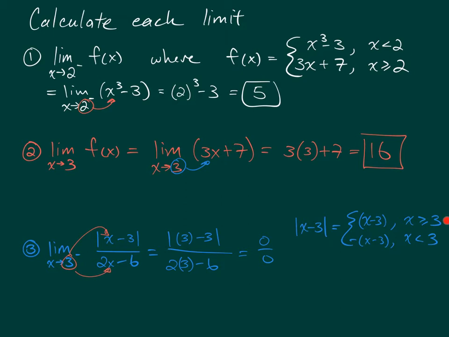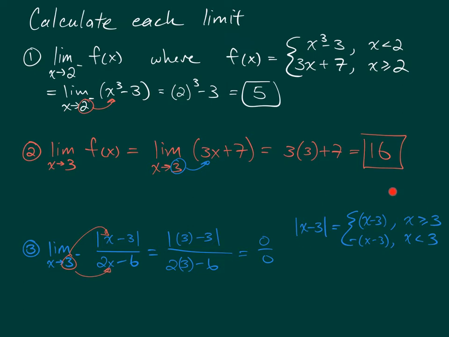Then there's this little detail about knowing where the domains are. So this absolute value function will be positive if x is greater than or equal to 3. It will be negative if x is less than 3. How do you find out what number goes here? This number is what makes the absolute value 0.